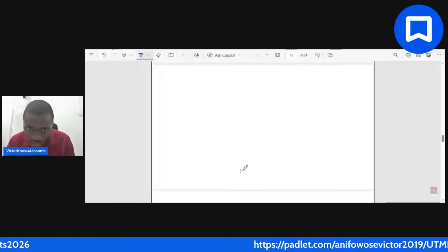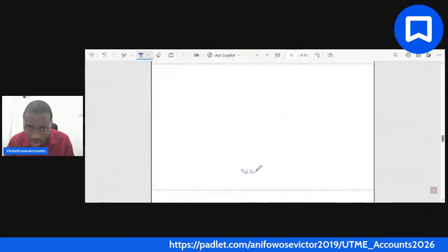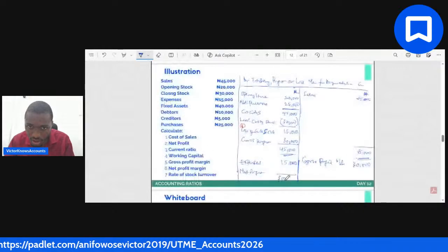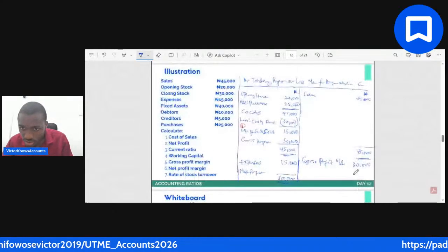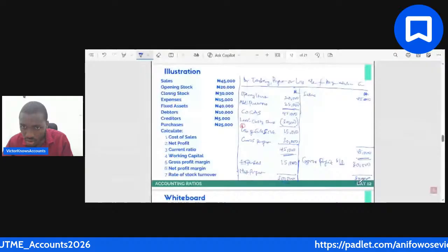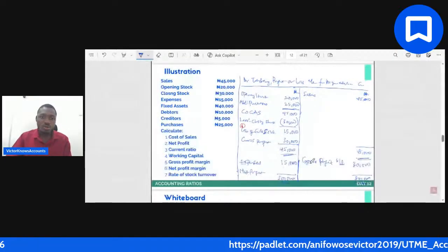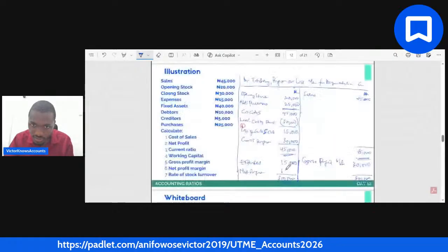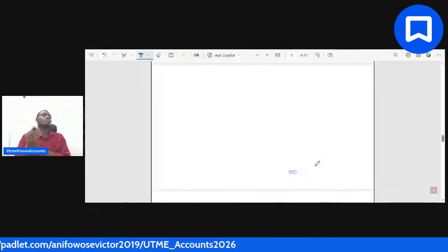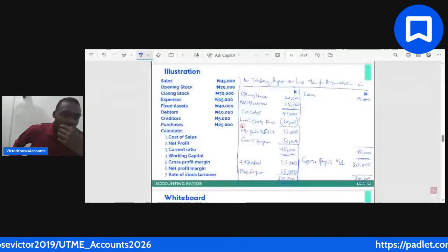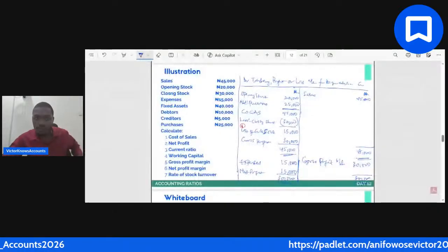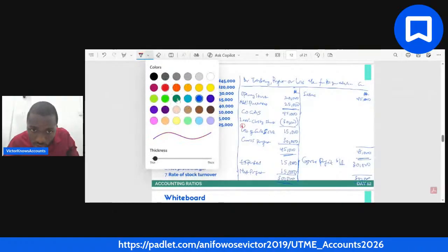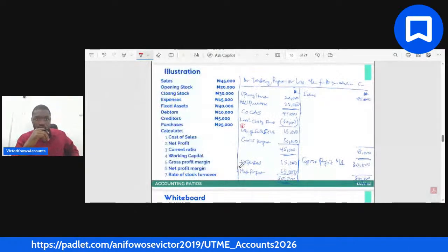So your net profit will be equal to gross profit minus expenses. Gross profit is 30,000, so your net profit is 30,000 minus 15,000. That's 15,000 naira. All right. So net profit is number two that they told us to look for. So let's label it number two.